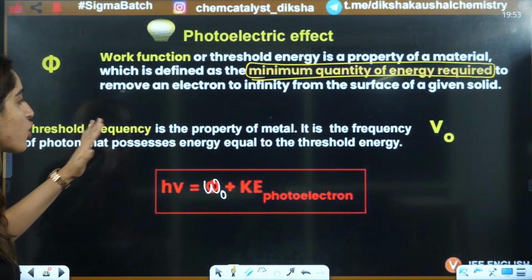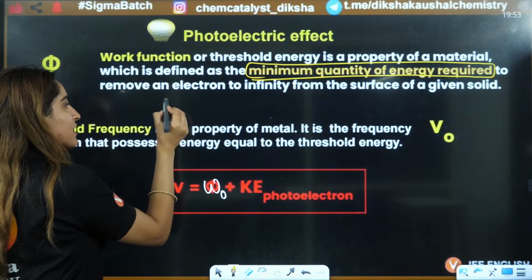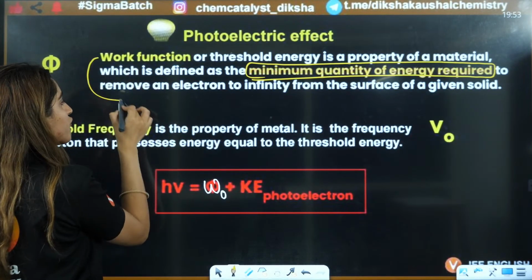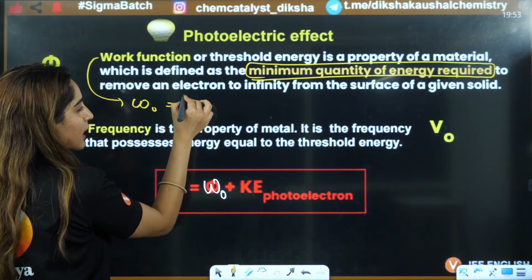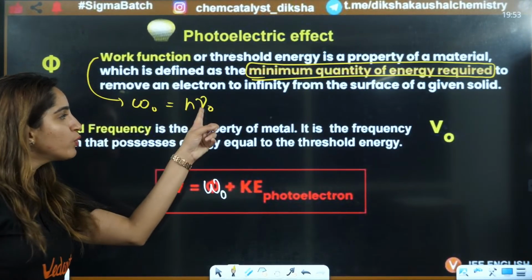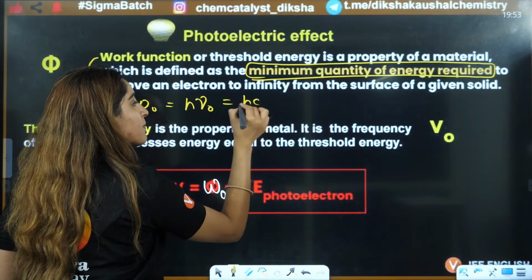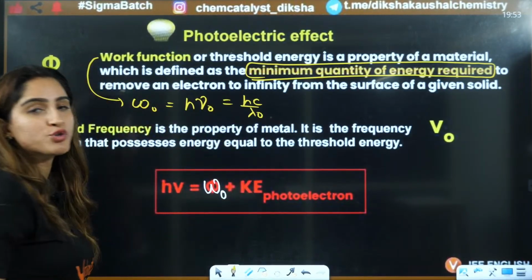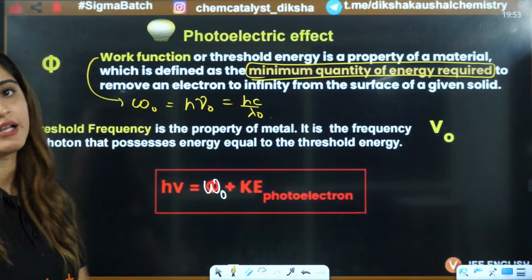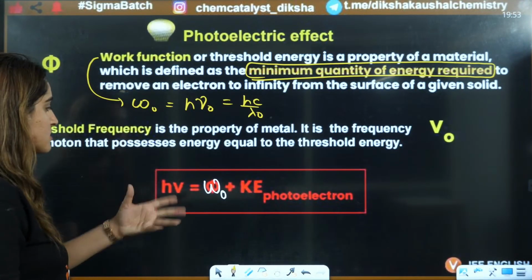This work function is h mu naught, where mu naught is called the threshold frequency, and hc by lambda naught, where lambda naught is called the threshold wavelength, right?